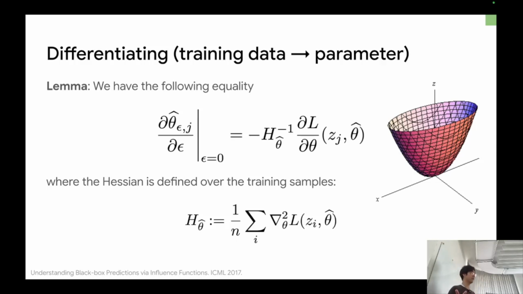Where Hessian is defined as the average of the second derivatives of the loss against the parameter at different training points. So you're taking the second derivative multiple times at different training points, like millions of training points, and then doing the average of all these. And that's your Hessian. You take the inverse of that, and then do the matrix vector multiplication with the parameter gradient.